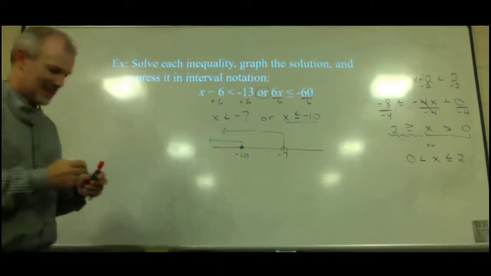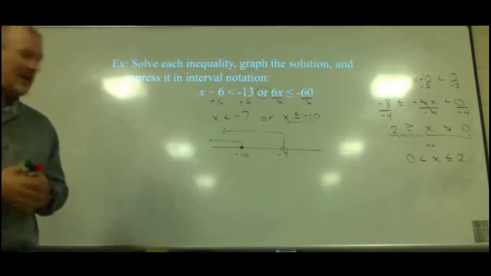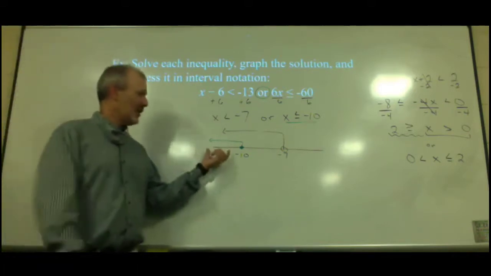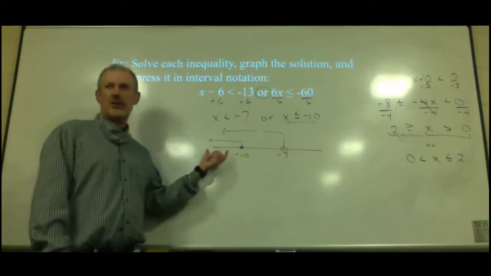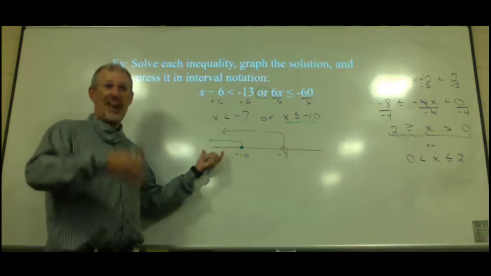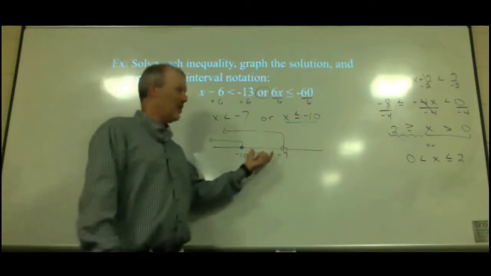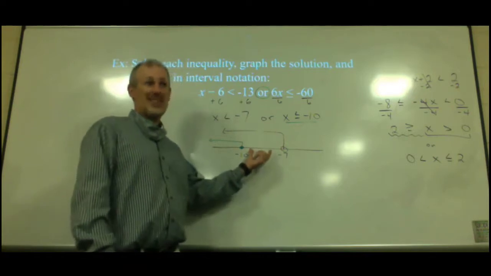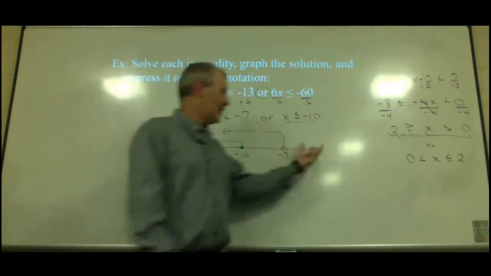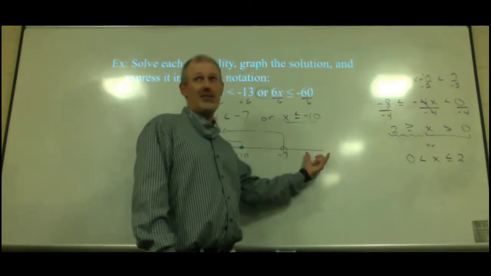So what does that tell us? Remember, this is an or statement. So let's think about it. Is this part over here to the left going to be part of our solution? Yes, because remember, it needs to work for at least one. So yes, this one works for both. How about in the middle? Will that be part of our solution? Yes, because it works for the purple. How about over here? Will this be part of our solution? No, because it does not work for either of them.